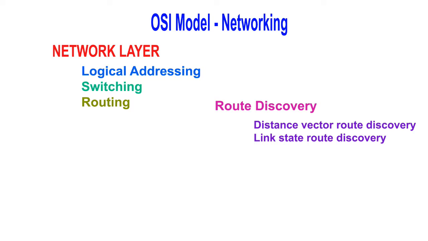Route discovery. Before we can choose the optimal route, we need to discover all available options. That's the purpose of route discovery. During route discovery, the internal Routing Information Protocol, that is RIP, builds a route information table, that is RIT.